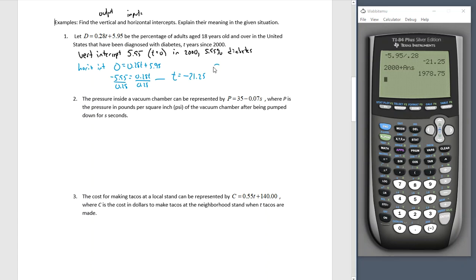So in 1978, around three-quarters of the way, month 9, September, there were no adults diagnosed with diabetes.